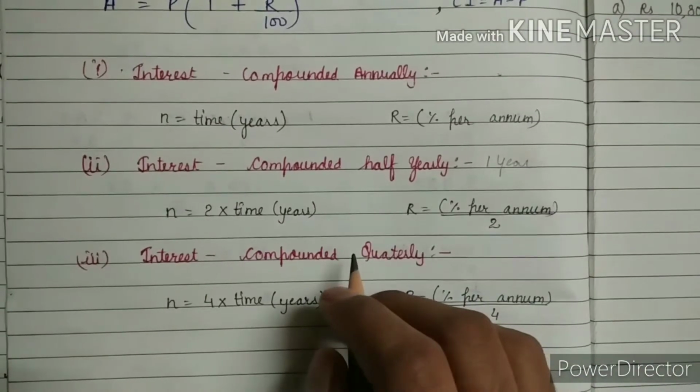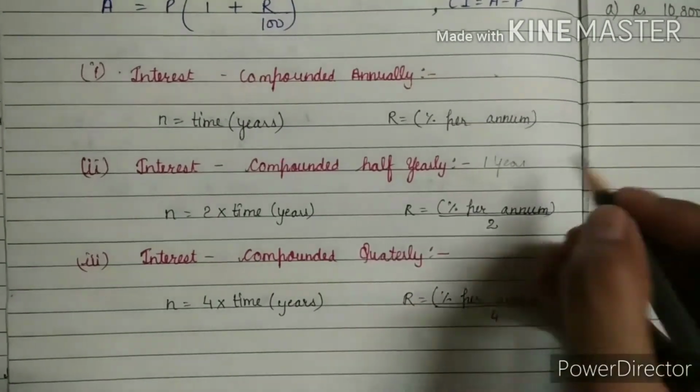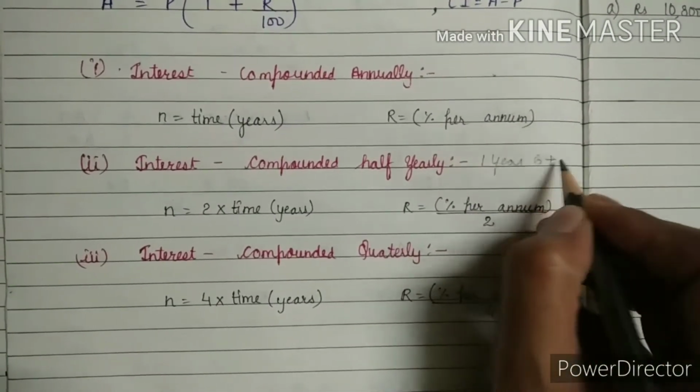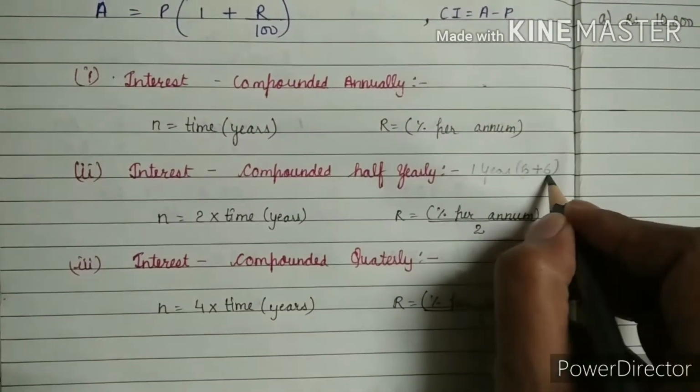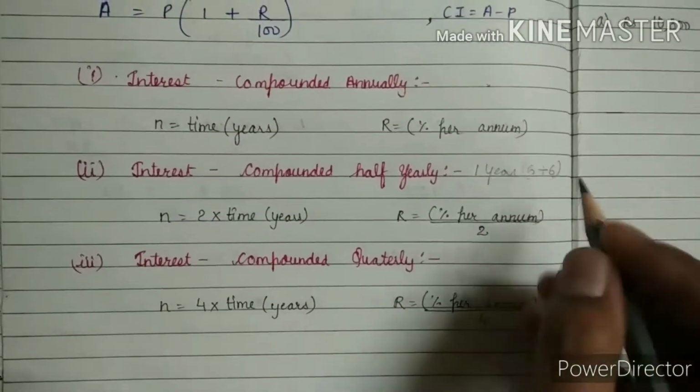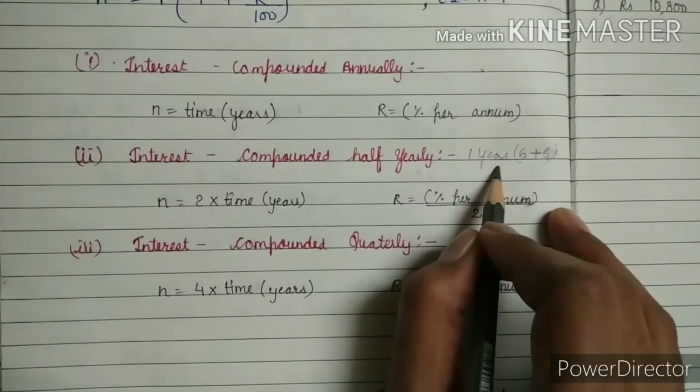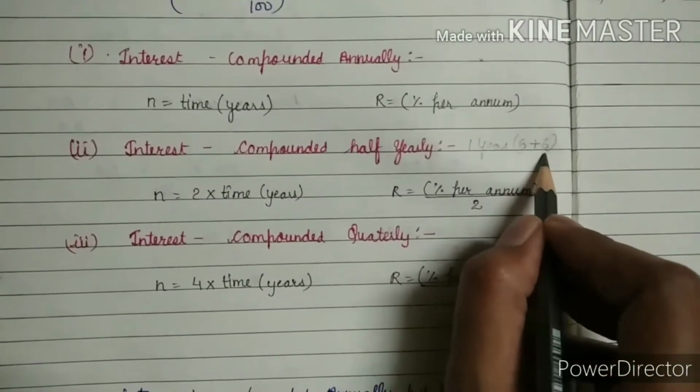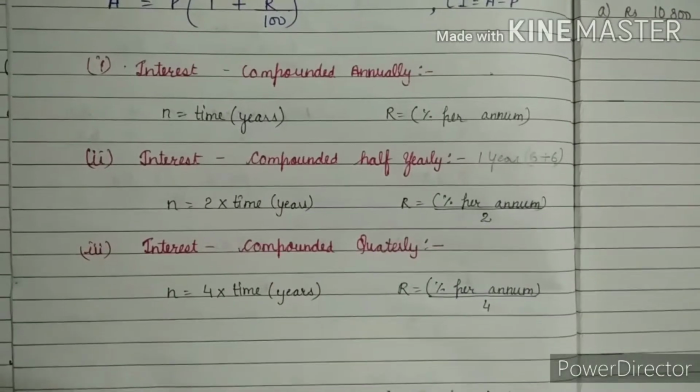In the case of compounded half yearly, in 1 year you can see there are two periods of 6 months. First is the start, and after 6 plus 6 we get 12 months. So how many half yearly periods are there in 1 year? 1, 2, two half yearly periods in 1 year.